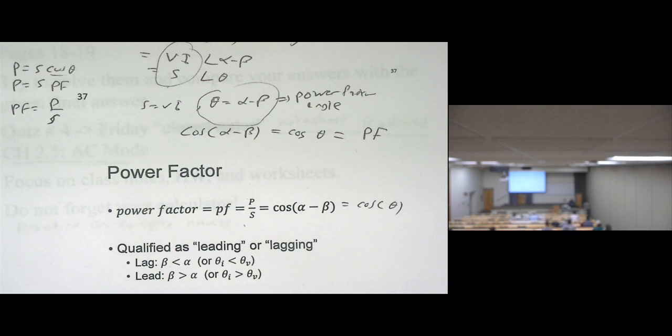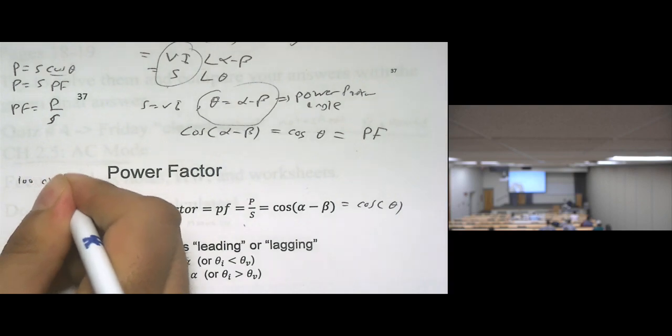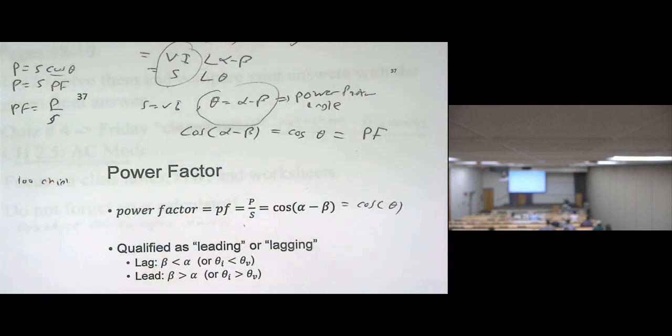So we can determine whether my system is good or not by looking at the power factor. Okay, someone can ask, how will this affect my power system? Let's assume you want to eat, for example, 100 chip slices.